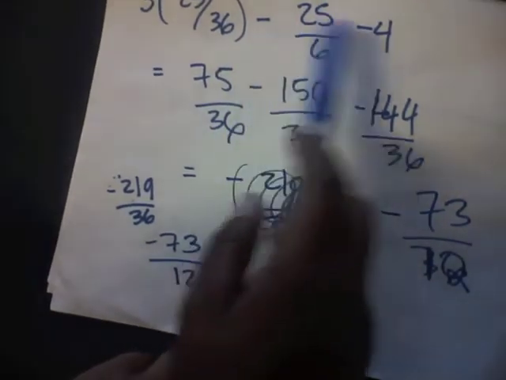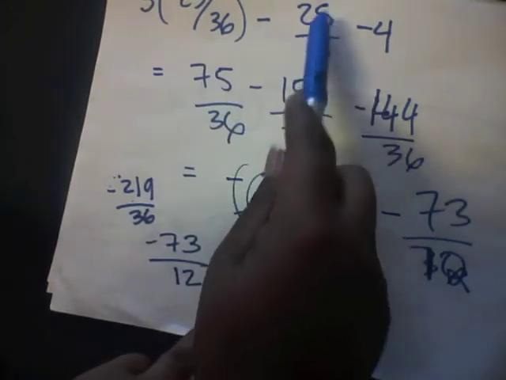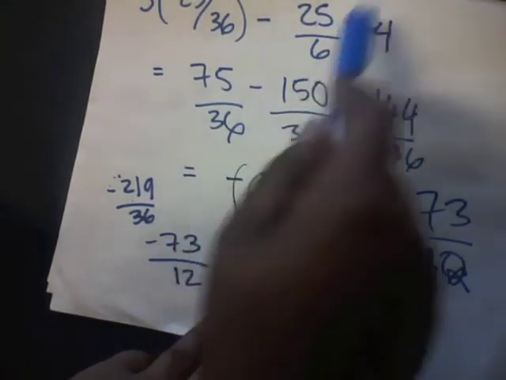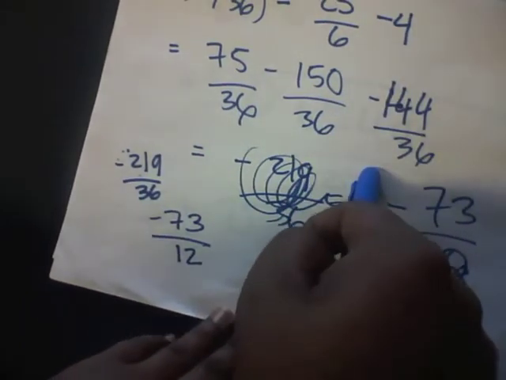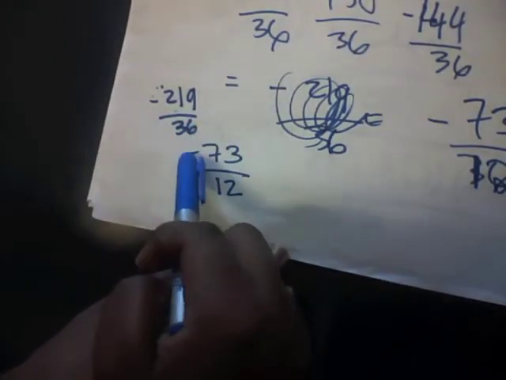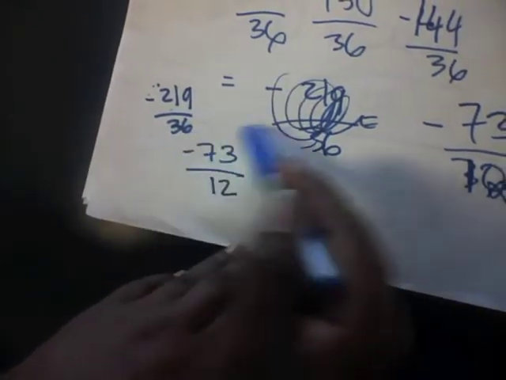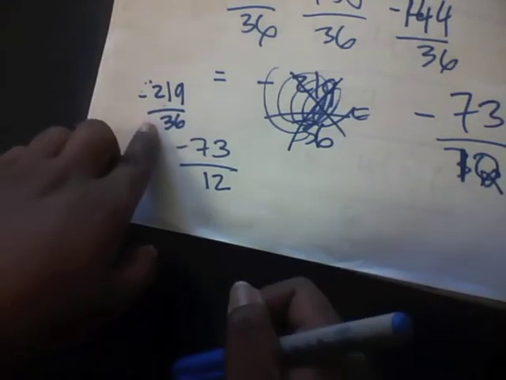So I multiplied everything, since this is 36 and so on. I multiplied this times 2 to equal 36, and this times this to have a common denominator of 36. And when I did that, I got negative 219 over 36.